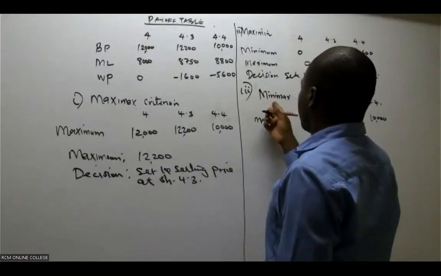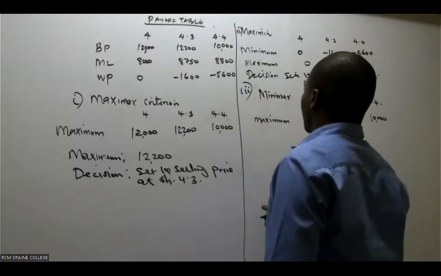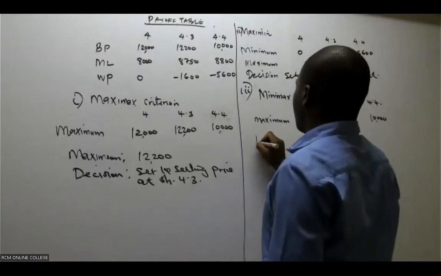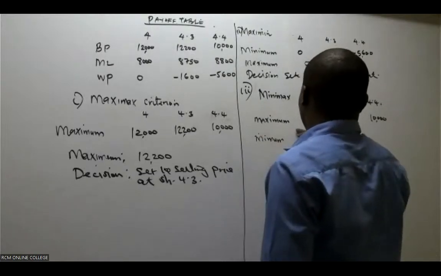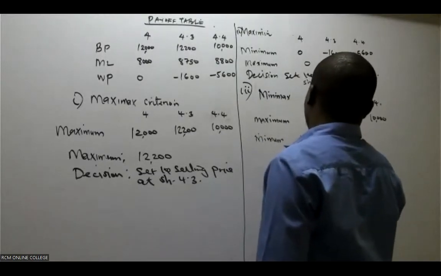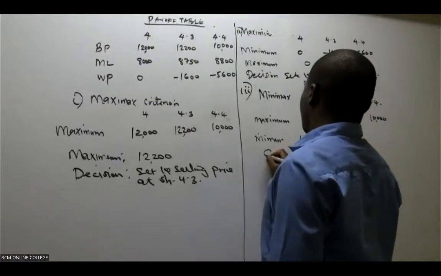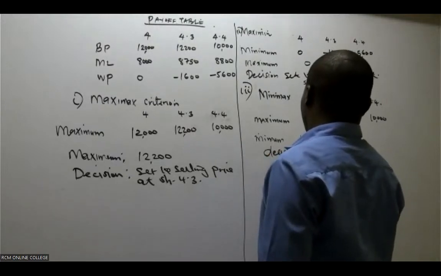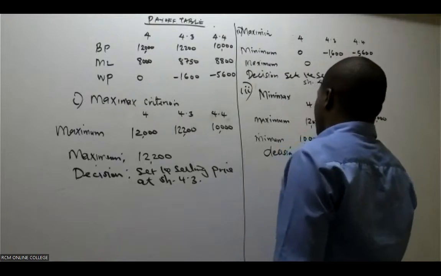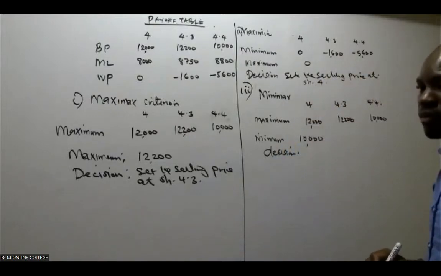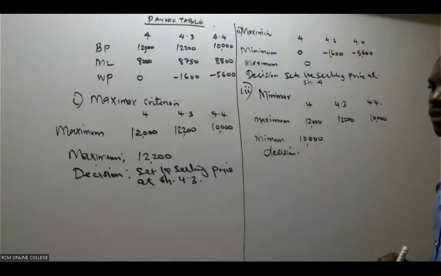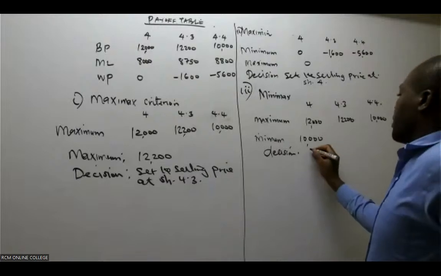So minimize the maximum figures. So look at the minimum of the maximum. So minimum of the maximum figures is 10,000. Is it? Decision. Set the selling price.